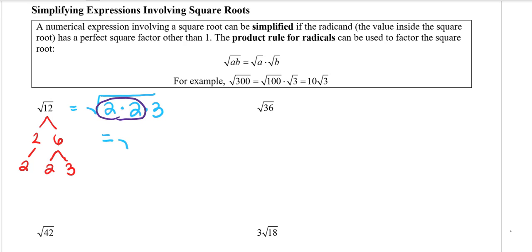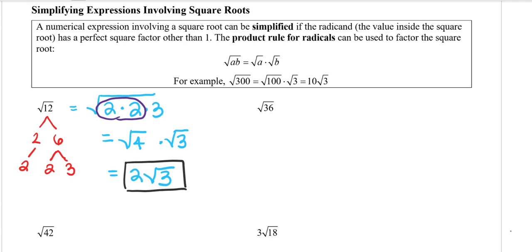I'm going to continue on with that, and 2 times 2 is 4, so I'm going to split away a factor of square root of 4 and then leave the square root of 3. Because 4 is 2 times 2, the square root of 4 is just 2, so I'm left with 2 times the square root of 3. Once we have factored out our perfect square, our expression is simplified. So the square root of 12 equals 2 times the square root of 3.